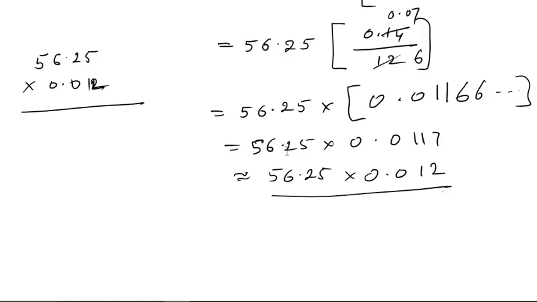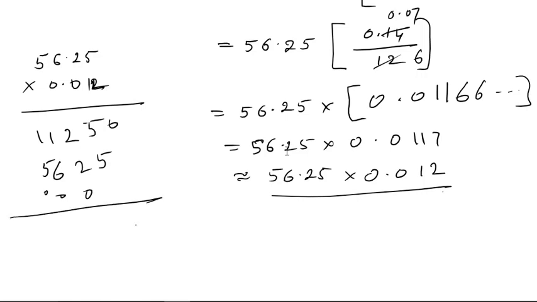So 2 5s are 10, 2 2s are 4, 1 5, 2 6s are 12, 2 5s are 10, 1 11, then 1 5s are 5, 1 2s are 2, 1 6s are 6, 1 5s are 5, and with 0 everything is 0. So what I will get: 0 0 5, 6 plus 2 is 8, and 5 plus 1 is 6.